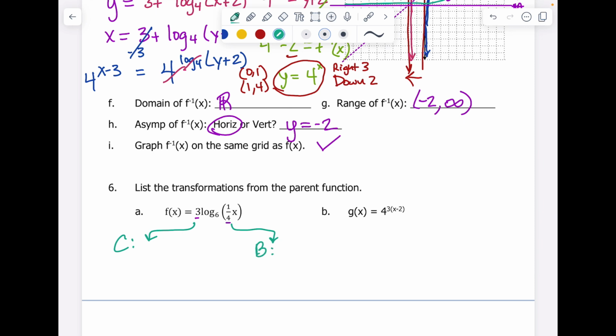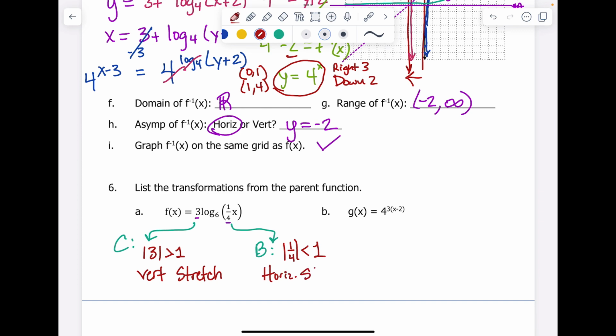Look back at your rules and you'll see that when the absolute value of C is greater than 1, that's going to be a vertical stretch by a factor of 3. When the absolute value of your capital B is less than 1, that's going to be a horizontal stretch.